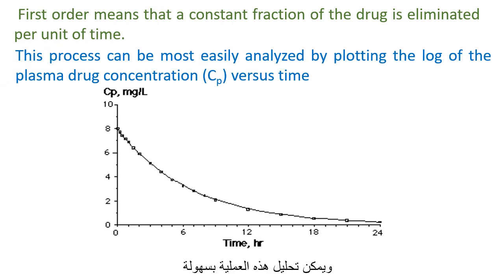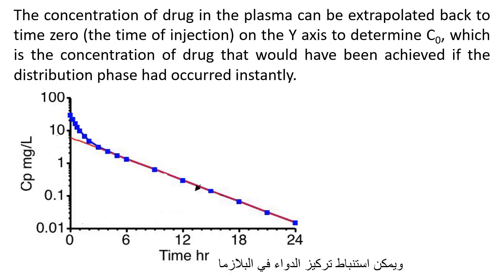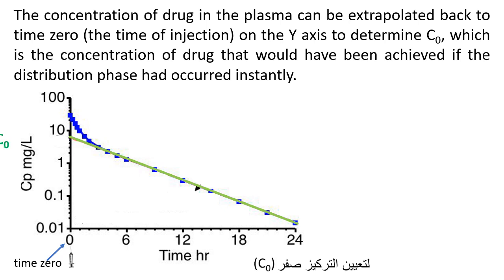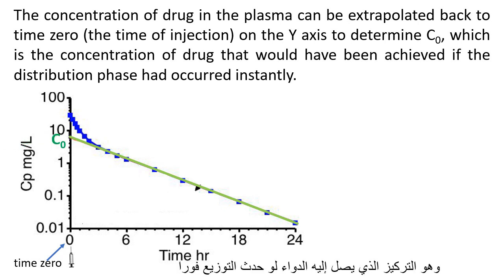This process can be most easily analyzed by plotting the log of the plasma drug concentration, Cp, versus time. The concentration of drug in the plasma can be extrapolated back to time zero, the time of injection, on the y-axis to determine C0, which is the concentration of drugs that would have been achieved if the distribution phase had occurred instantly.